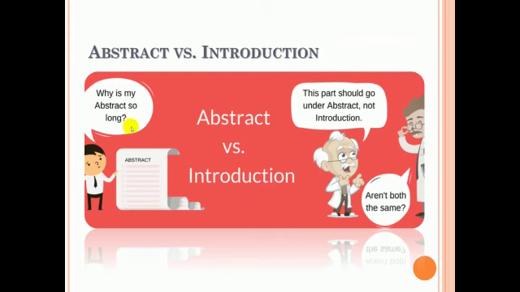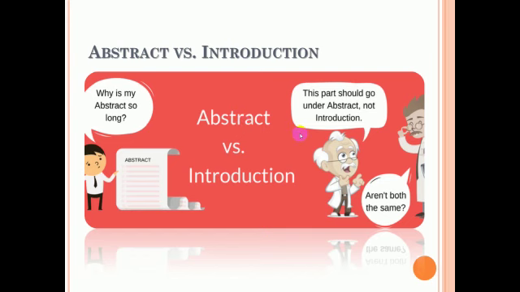Most of the students ask the same question: why is my abstract so long? Aren't both the same? Abstract and introduction, is it necessary to write an abstract in addition to an introduction if I have already written one of them?